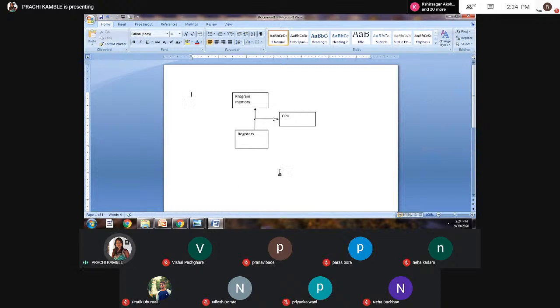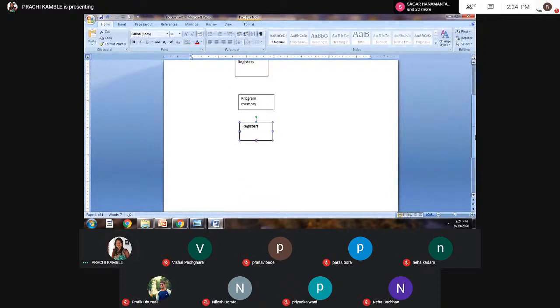But in DMA, what happens is, there is a program memory and there is a register block.